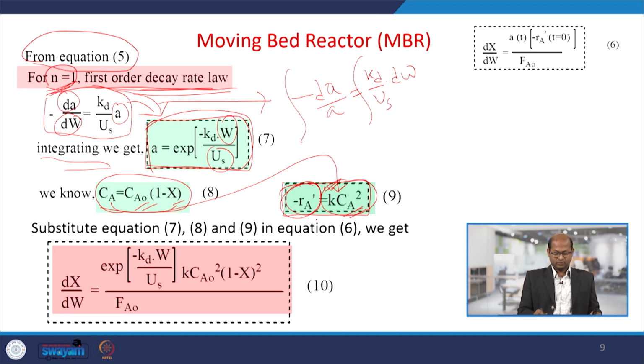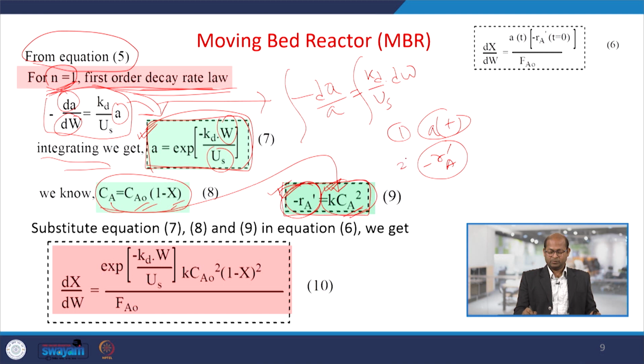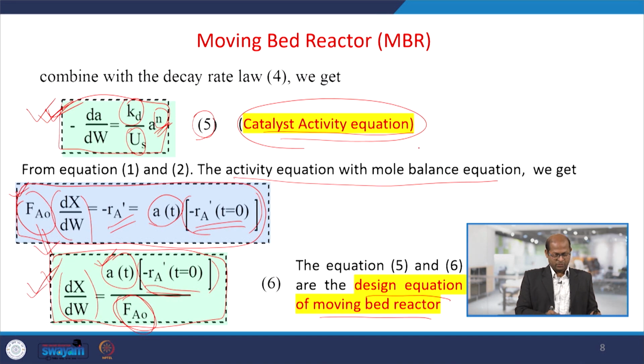So, see here, this is the activity term and this is the rate term. So, A t and minus R A prime, these are the two components, component 1 and component 2, that we can substitute in equation 6.